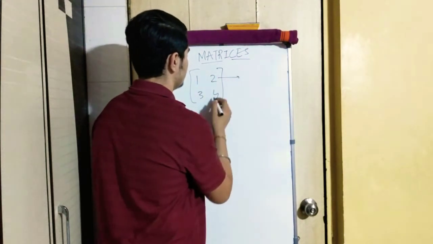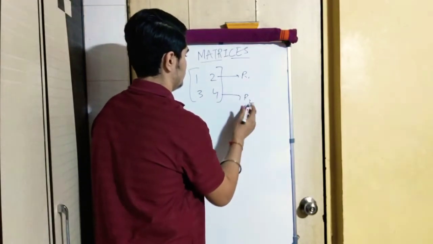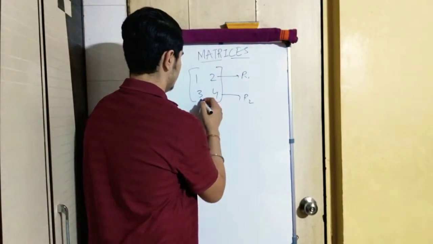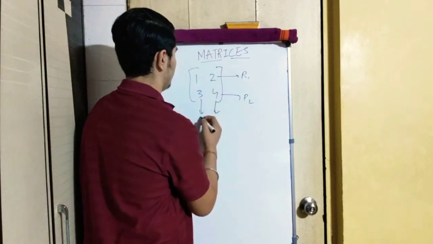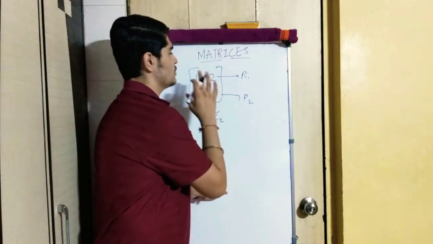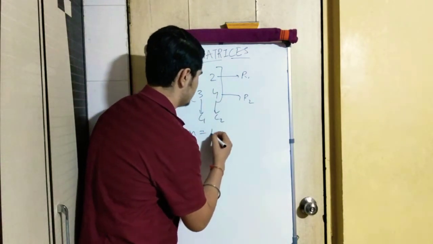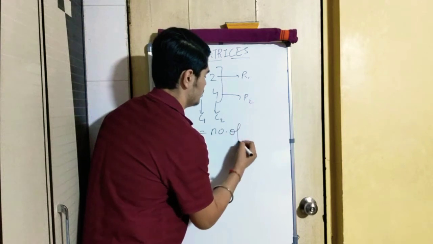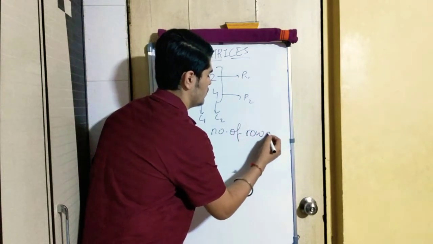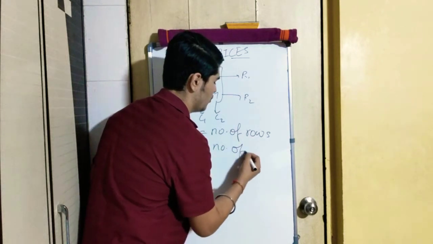This is the first row, this is the second row, R1 and R2. This is the first column, this is the second column, C1, C2. So there are 2 rows and 2 columns. Here M represents the number of rows and N represents the number of columns.